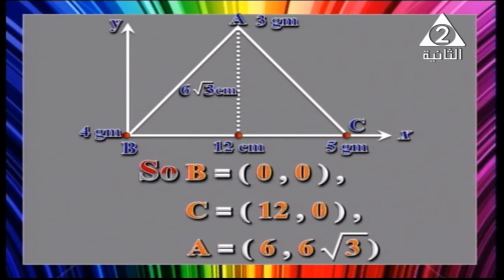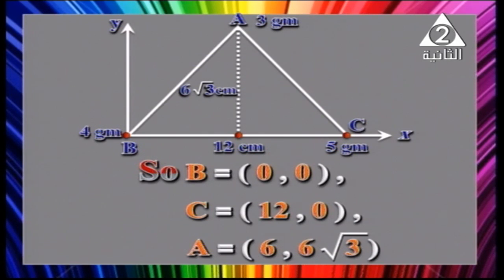My dear student, we have ABC, an equilateral triangle. Its side length is 12. How to find the height of an equilateral triangle? We know, my dear student, that each height is perpendicular to and bisects the base.